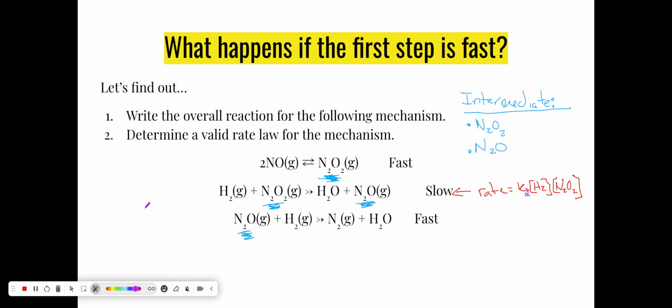Now, the pre-equilibrium approximation, basically, guys, in short, what I'm about to do is find a way to solve for the concentration of our intermediate and express it so it's no longer represented in the rate law. So again, in short, what the pre-equilibrium approximation does in terms of our rate law is it's going to allow me to express the concentration of N2O2 in terms of anything else that's not an intermediate in the chemical reaction.